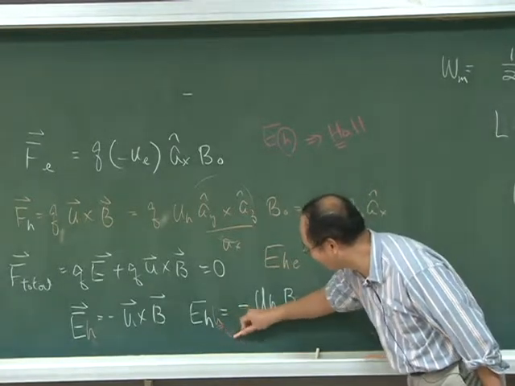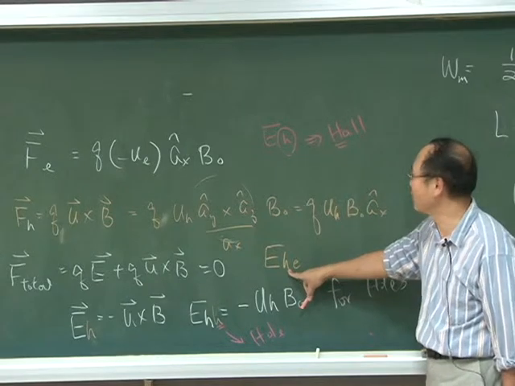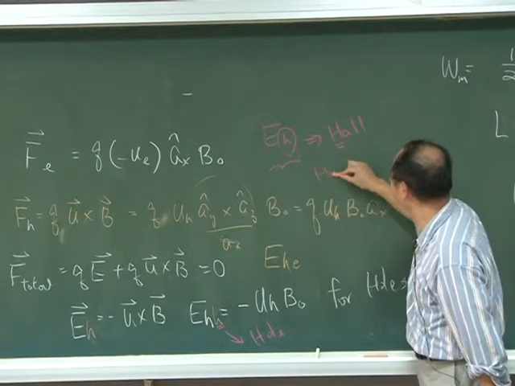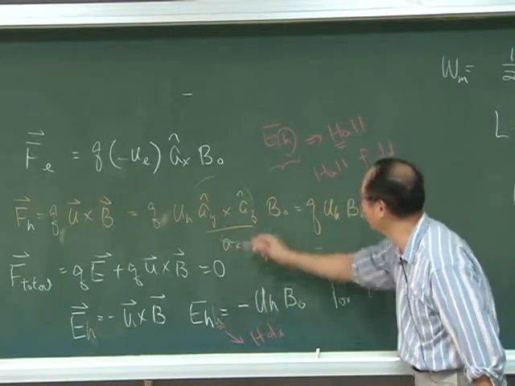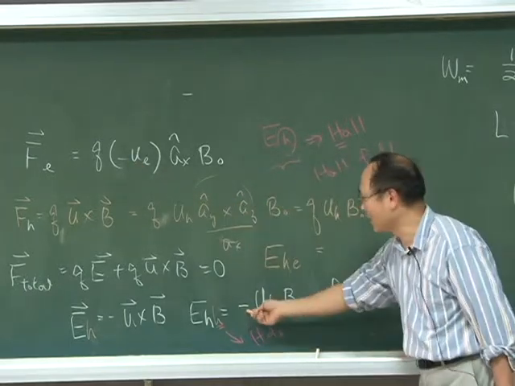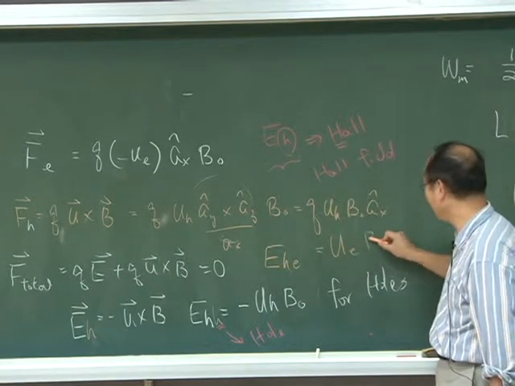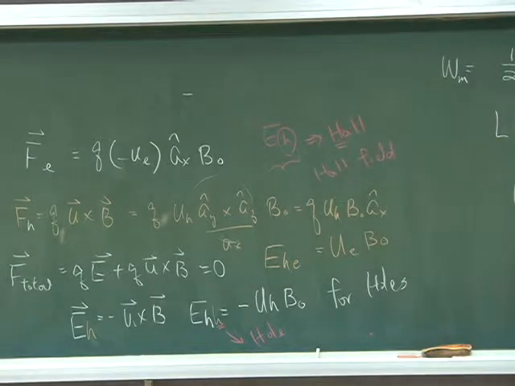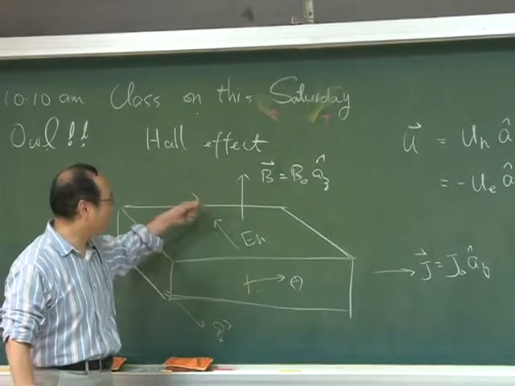So this one represents holes. Here, this is called the Hall field. Because of the negative sign, you flip it back to a positive sign, becoming U E B0. This is very convenient to identify the type of charges inside this material, because if you have holes running inside this material, this side is going to be more positive than this side.